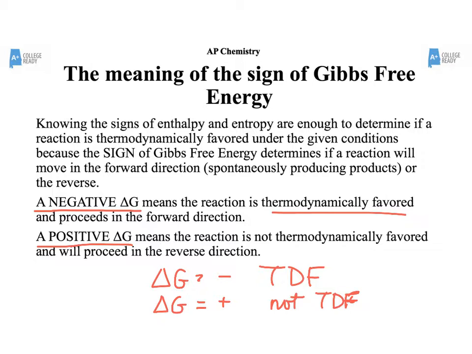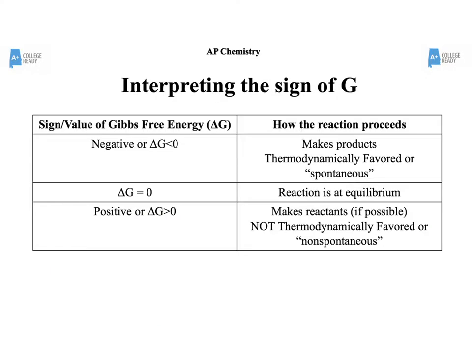So the signs are really, really important. You need to know the signs of delta G's to determine if a reaction is thermodynamically favored or not under the conditions that you are studying it. So, just real quick, for a negative delta G, sometimes you see it written as delta G is less than 0. Get used to your alligators.